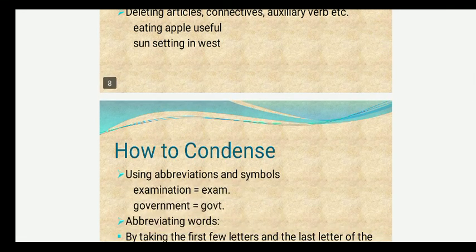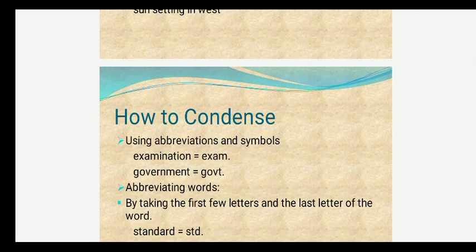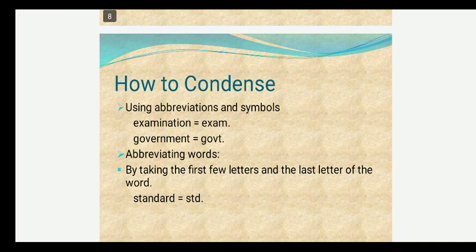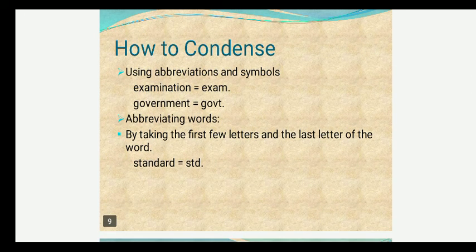In that way we can make abbreviations. Examination, exam dot; government, govt. By taking the first few letters and the last letter. There is no particular rule to make abbreviations. Sometimes you may take some letters, and it should suit you, and that's okay.